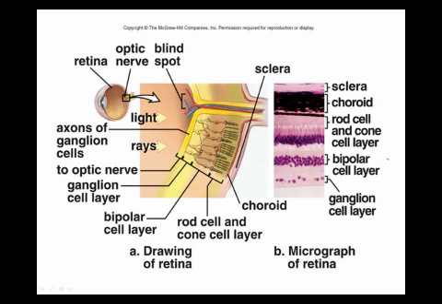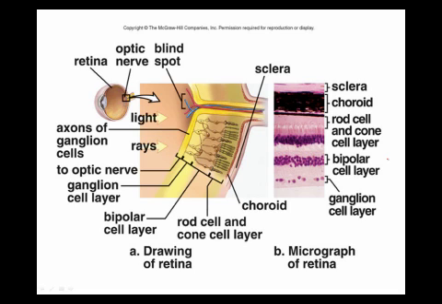So if you look at this diagram for just a moment, beginning with the left portion, this represents the back of the eye, and so incoming light would be coming from left to right. So the light has passed through the cornea, the pupil, the lens, the vitreous humor, it gets to the back of the eye, and the various photoreceptors you can see up against the sclera of the eye.